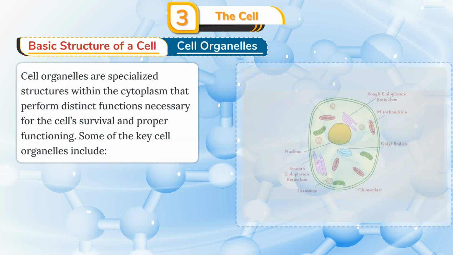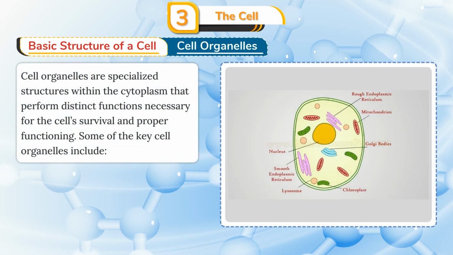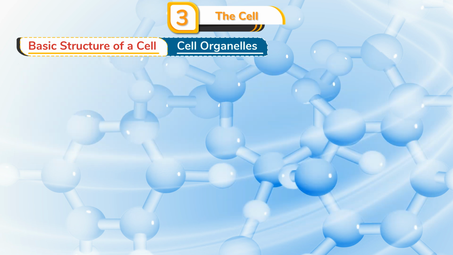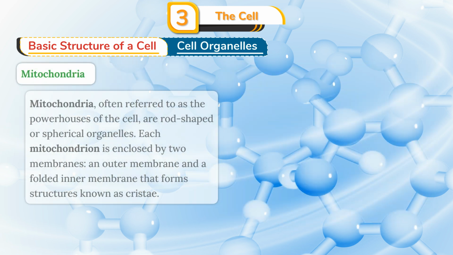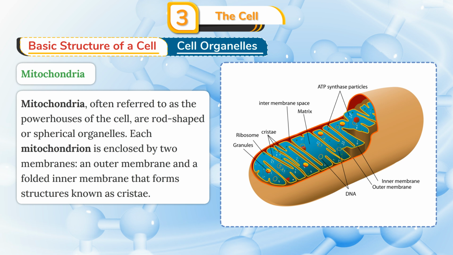Cell organelles. Cell organelles are specialized structures within the cytoplasm that perform distinct functions necessary for the cell's survival and proper functioning. Some of the key cell organelles include mitochondria. Mitochondria, often referred to as the powerhouses of the cell, are rod-shaped or spherical organelles.